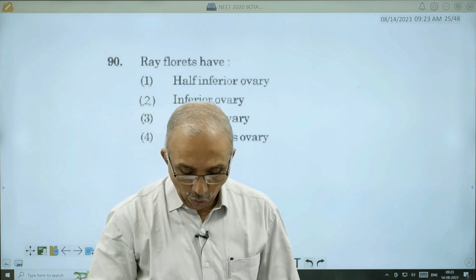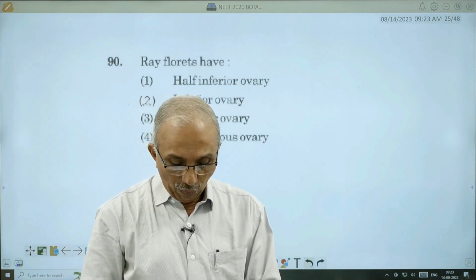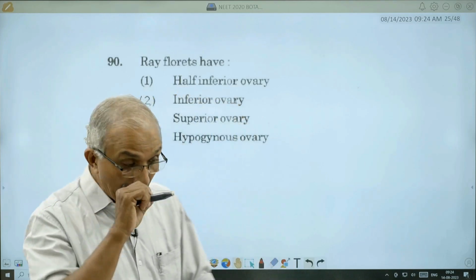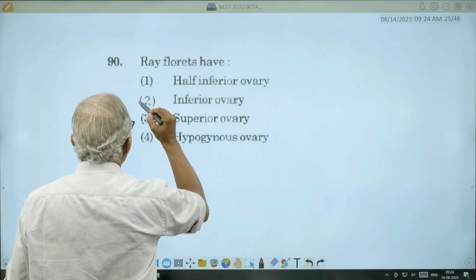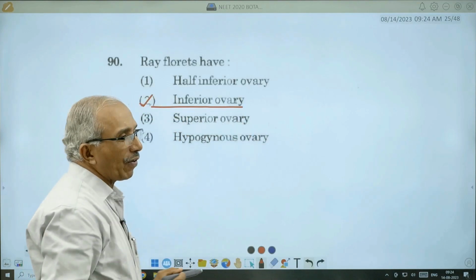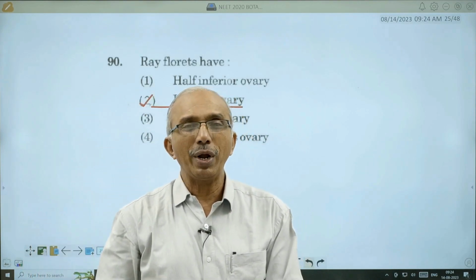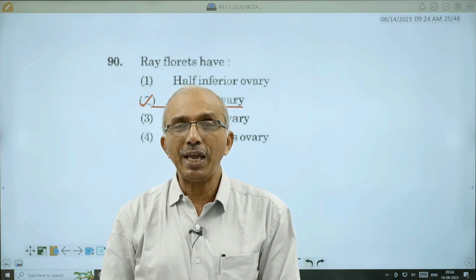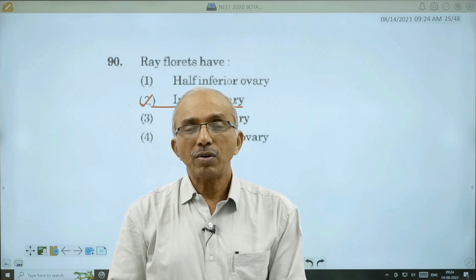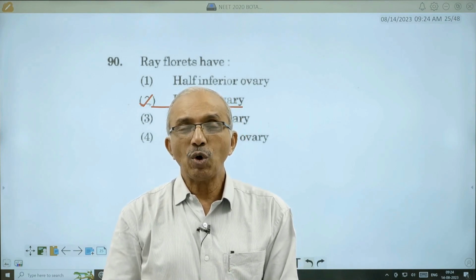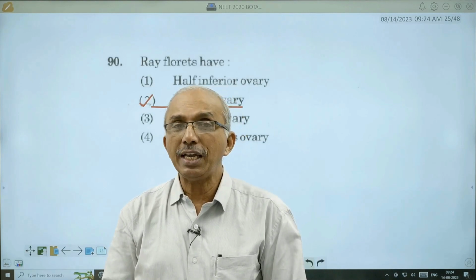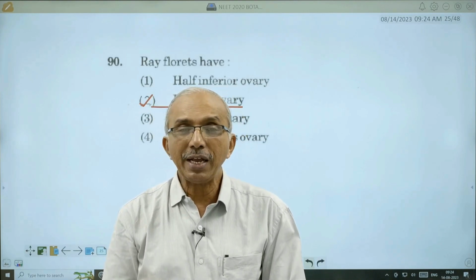Then next is ray florets of sunflower. Ray florets of sunflower have an inferior ovary. It is an inferior ovary if other floral parts are above the ovary; the flower is said to be epigynous.